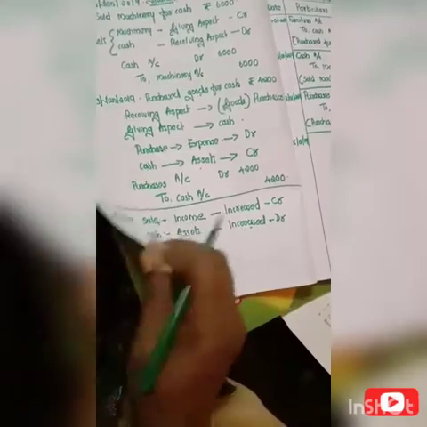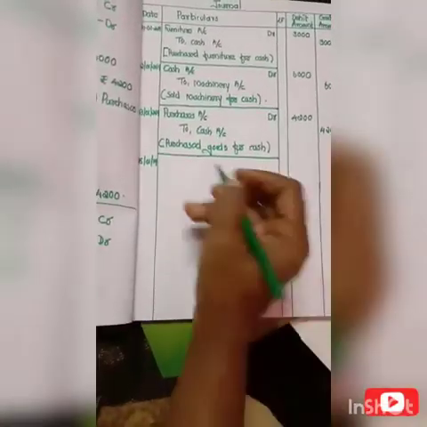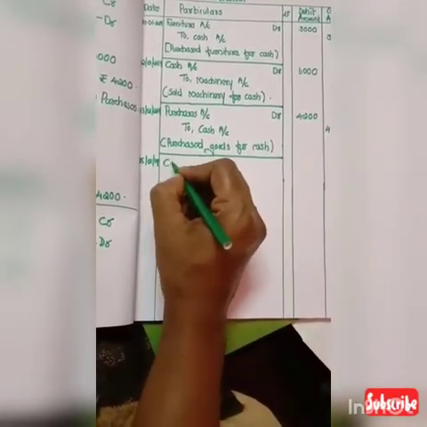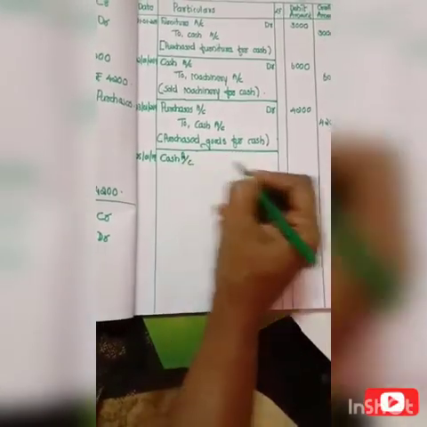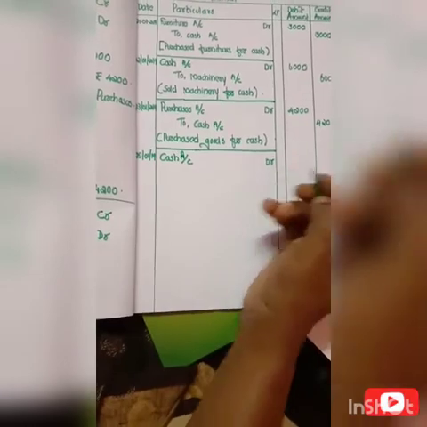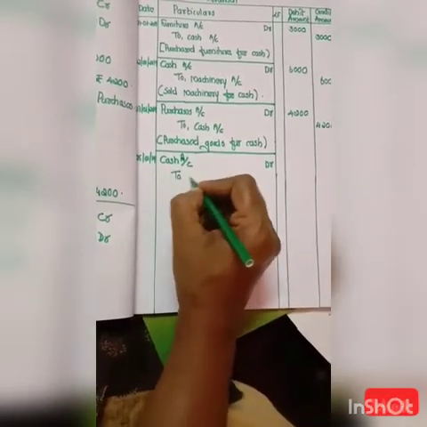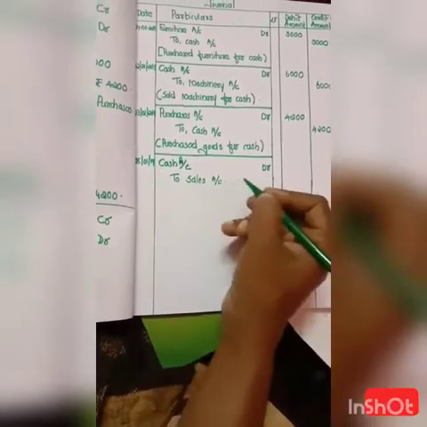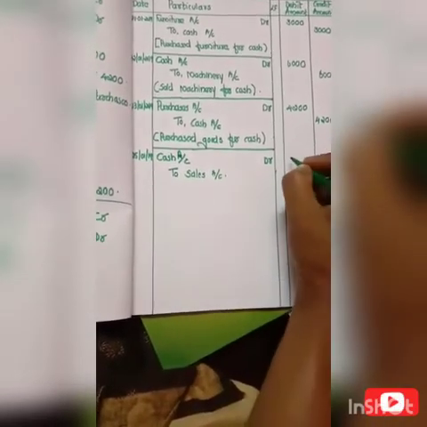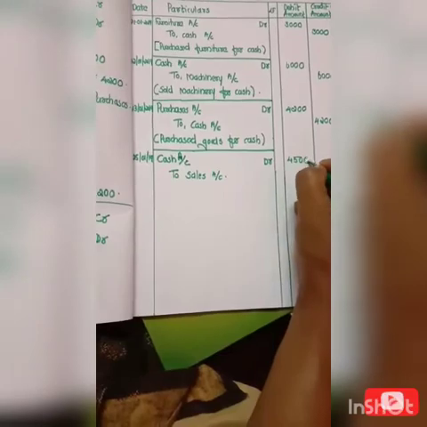So we can write the journal entry as cash account debtor to sales account. The amount is 4,500 debit.